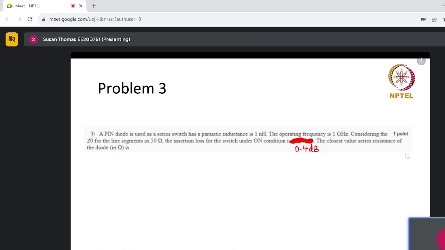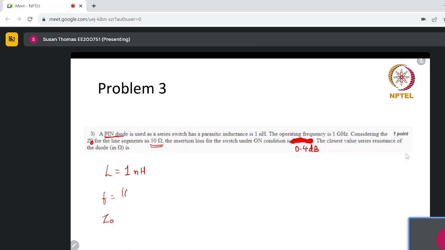For this question, you have a question based on the PIN diode. The PIN diode is used as a series switch and has a parasitic inductance. Say the inductance value is 1 nanohenry. The operating frequency is 1 gigahertz, and Z0 for the line segment is 50 ohms.